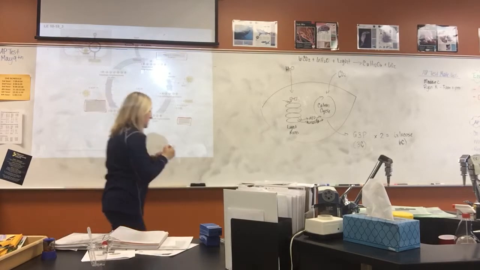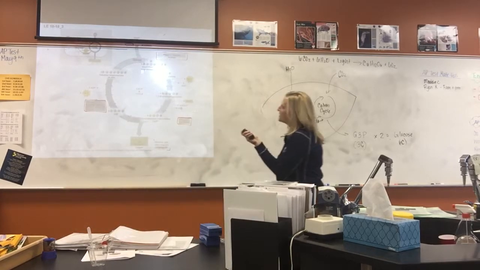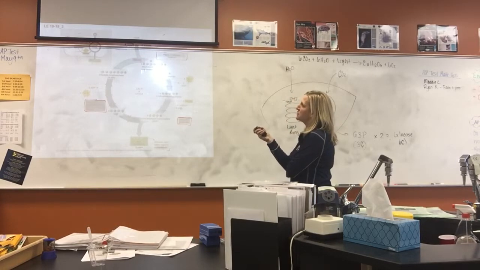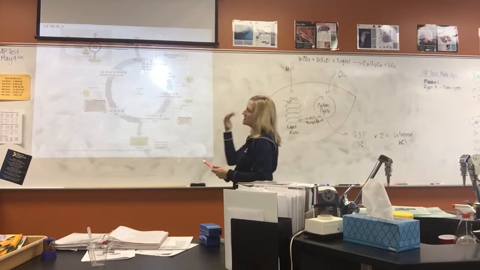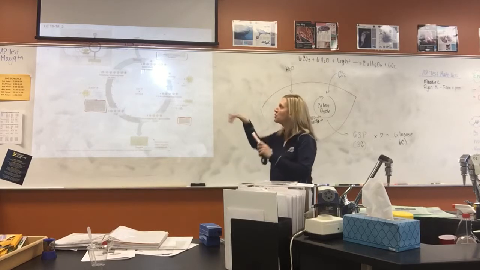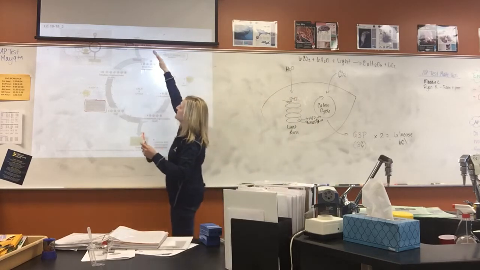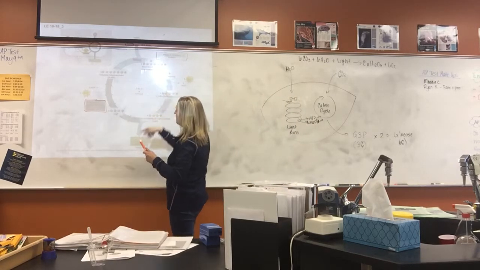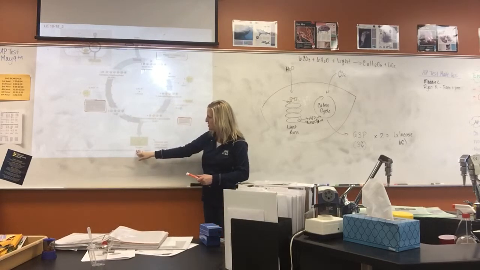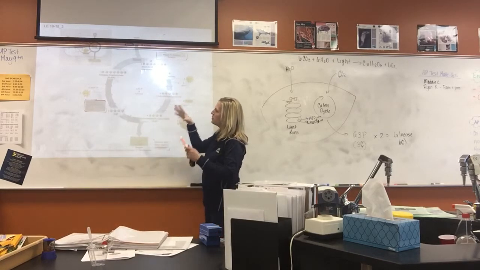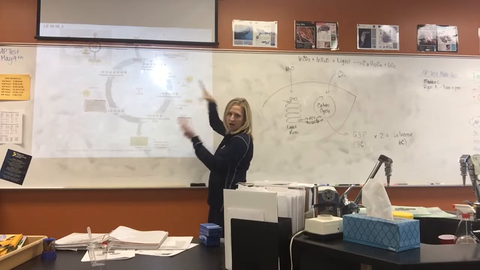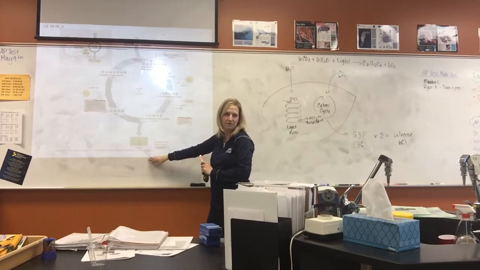Let's talk about what happens. At the top, you have 3 CO2s coming in, and notice it says one at a time. They're just showing you the big picture, because it takes 3 CO2s and 3 turns of the Calvin cycle to get your 1 G3P. So they put 3 turns of the Calvin cycle all together in one.